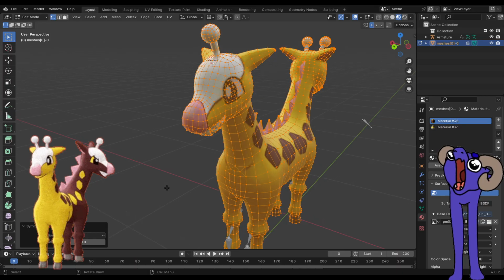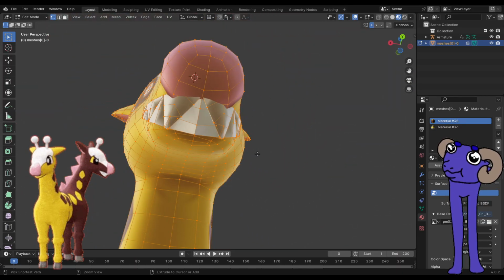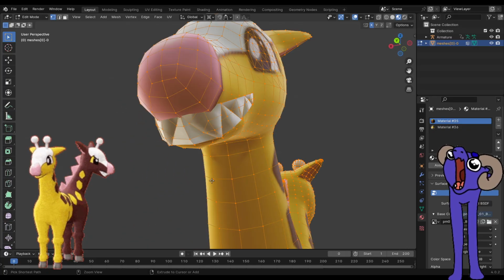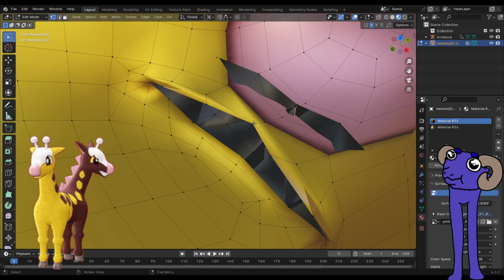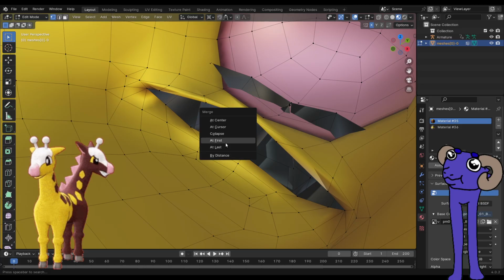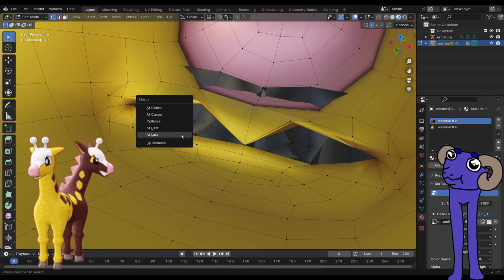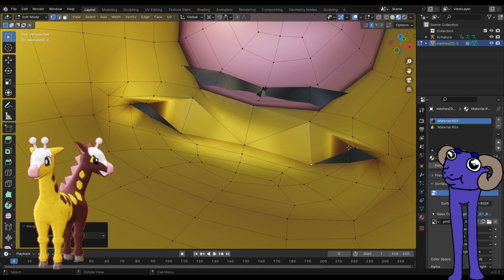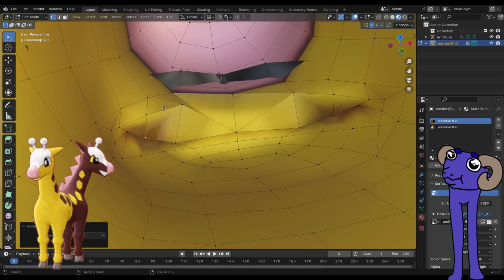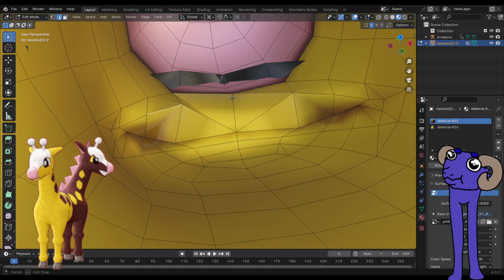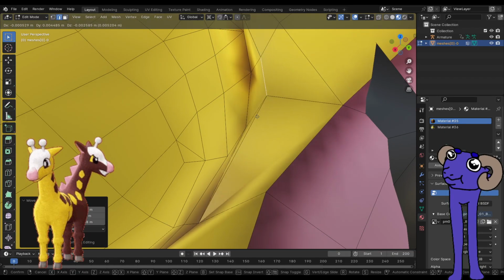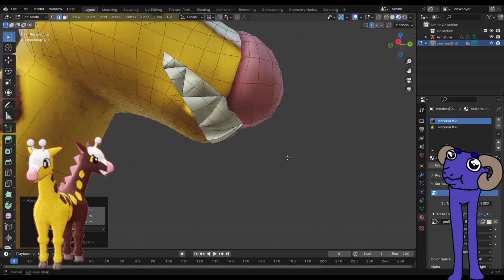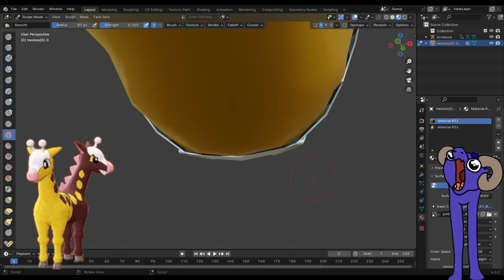Oh god, they got squished so bad. Okay, maybe we don't symmetrize. How bad does that look?